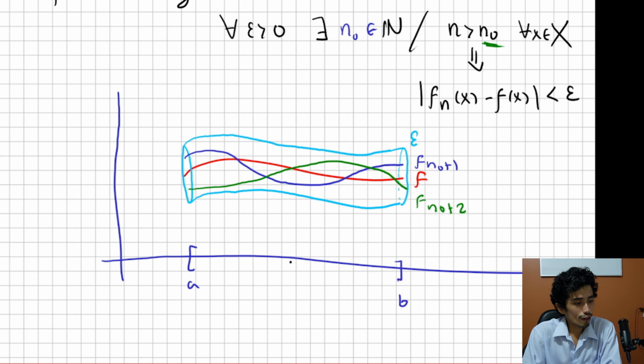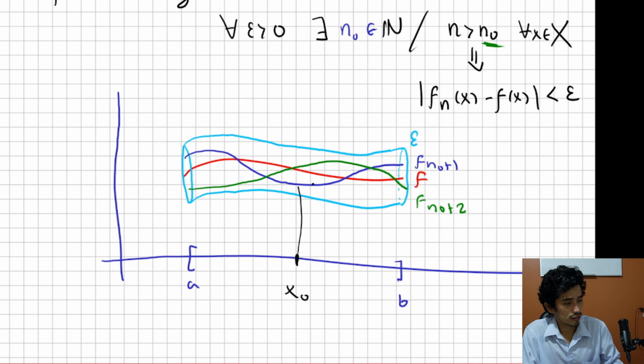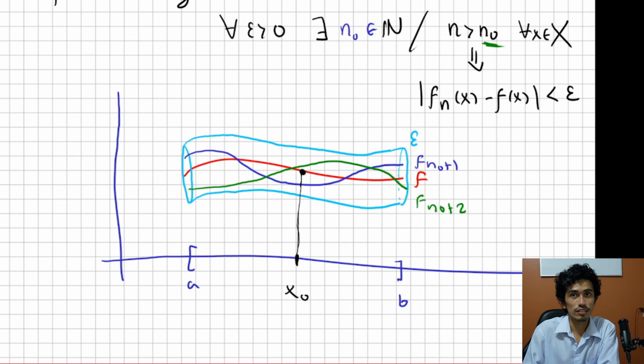What happens if all of the functions are continuous at a single point here? Will the limit function be continuous? The answer is, of course, it will be. And how will that be?